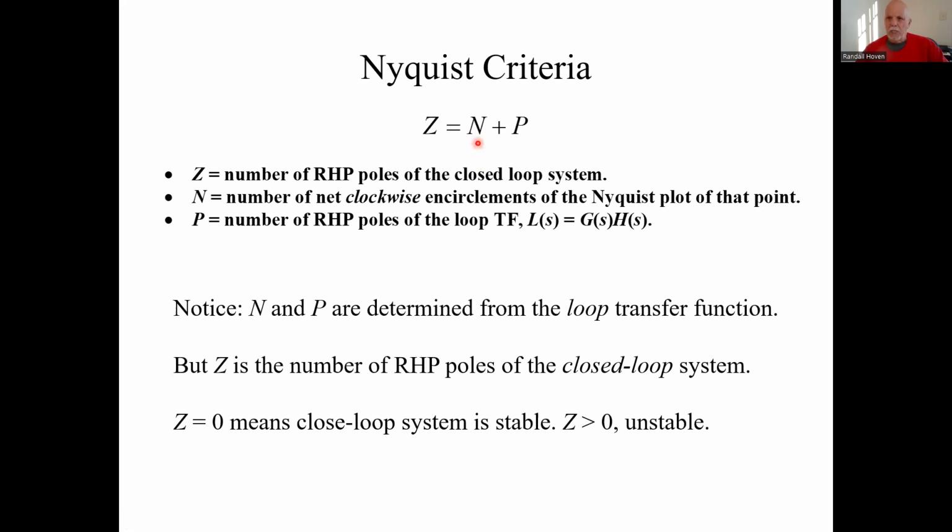N is the thing we need the Nyquist plot for: the number of net clockwise encirclements of the plot at that point. I'll have to show you how we determine it. So we get N and P from the loop transfer function, but Z characterizes the closed loop. That's the point of this.